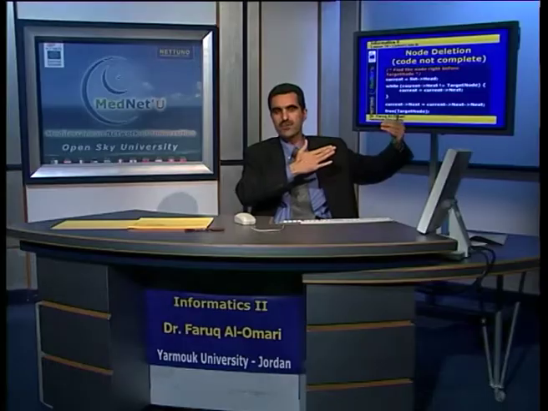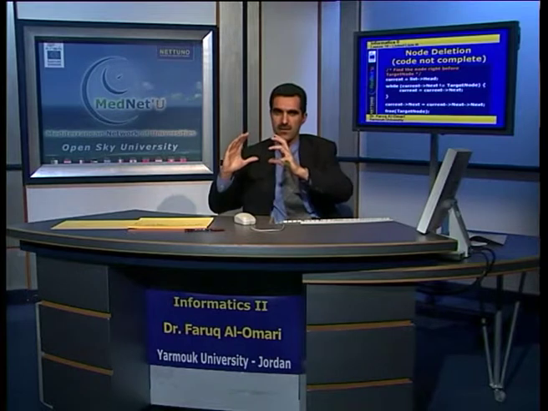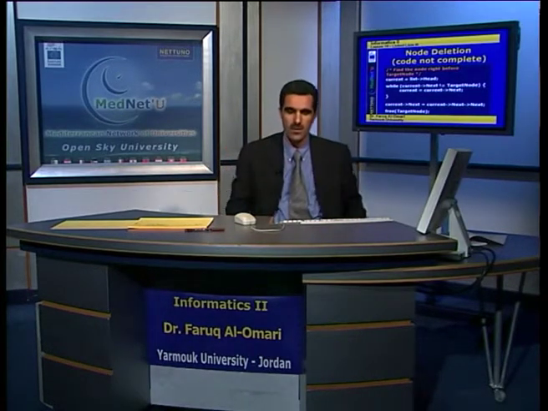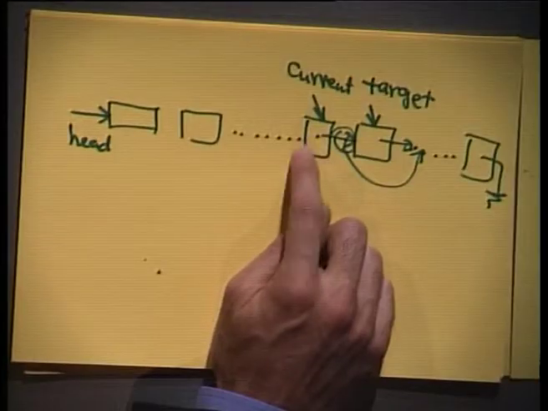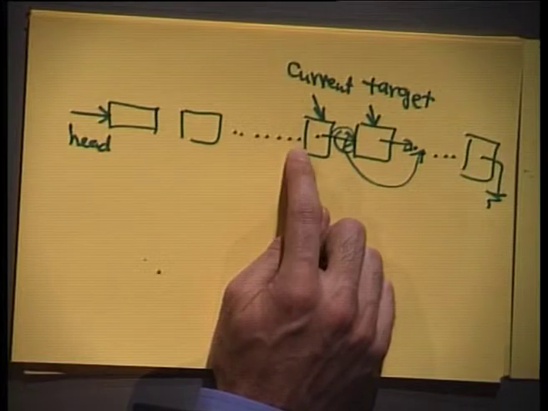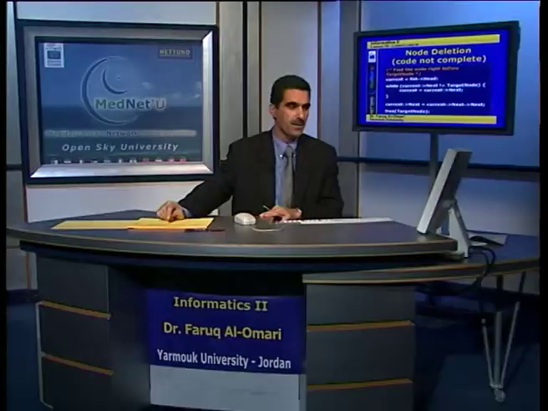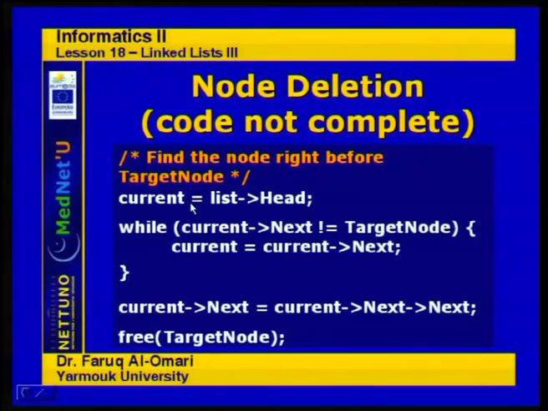So I traversed already the list from the very beginning and found the target node that I want to delete. What do I need to do after that? Well, the next step is then to traverse again the list to find the node which comes right before the one that I want to delete. Okay. So what I'm doing, this is the second pass to find current.